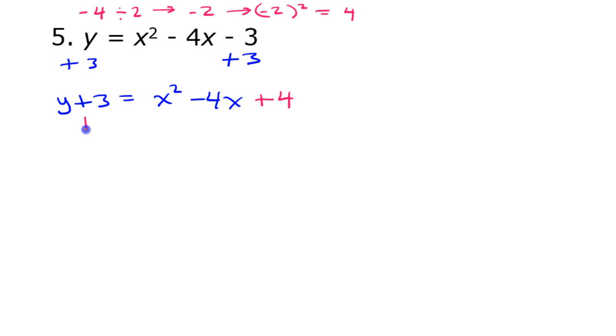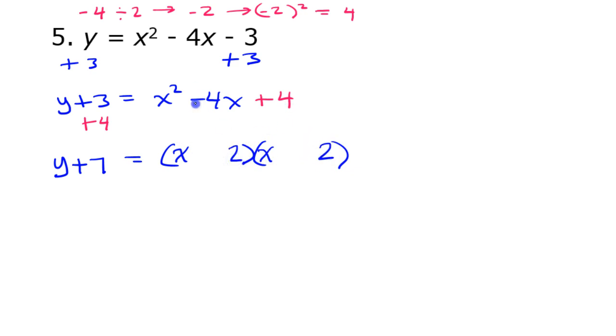So I add 4 to both sides. And it does have to be both sides, not just the right side, also the left side. So that's going to give me y plus 7 is equal to. Time to factor this. This will always factor as the same thing twice. So x times x. Looking at the 4, I know this is going to be 2 times 2.